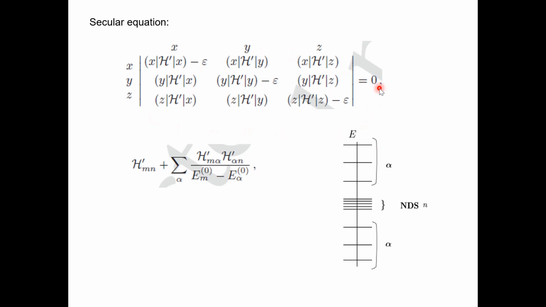And this is the secular equation that one needs to solve. One needs to diagonalize this matrix, and each one of these matrix elements in second order perturbation theory is going to be given by this expression, in which again alpha are what we call the intermediate states at the gamma point. All right.